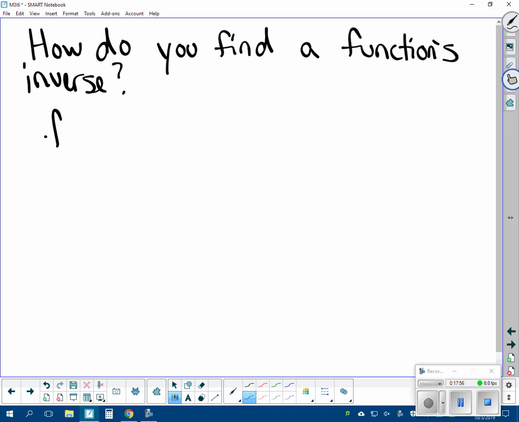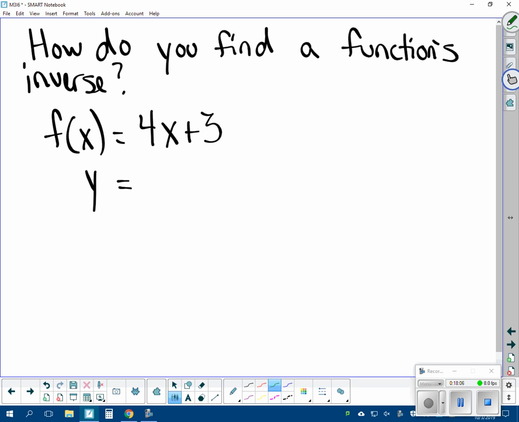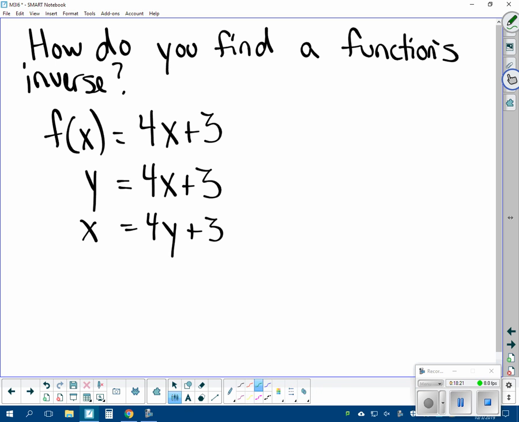So if we have f of x equals 4x plus 3, f of x, remember, is just y, right? Okay. What you do is you switch your x and your y's, and then solve for y.